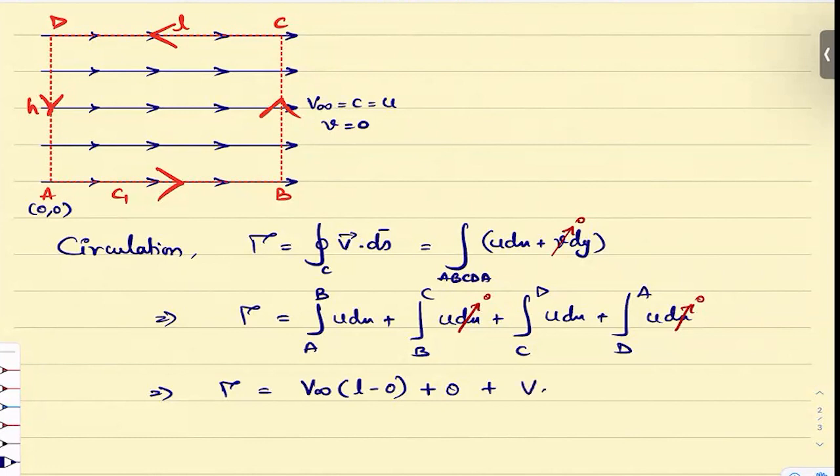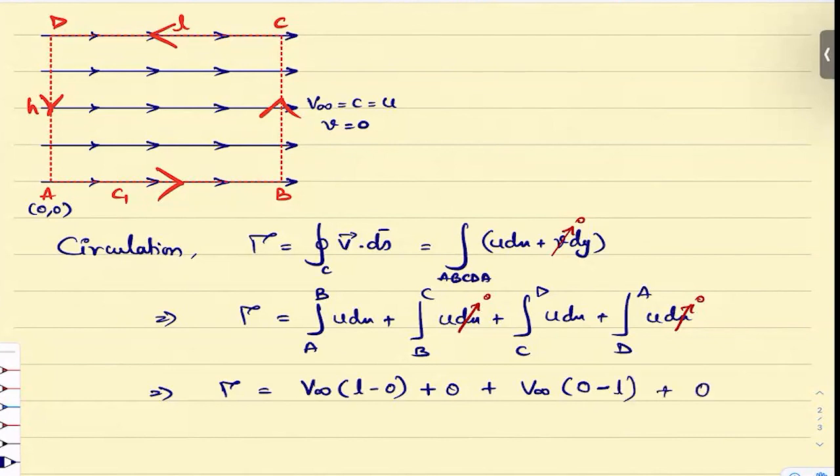Everywhere it is V infinity only. C to D, when you go, what is your initial value? Final value is 0. dx means final x2 minus x1. Final value of x will be what? If you consider this as origin, when you reach here, the value of x will become 0. When you are there, the value of x is L.